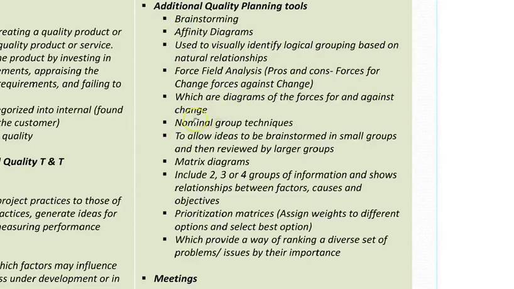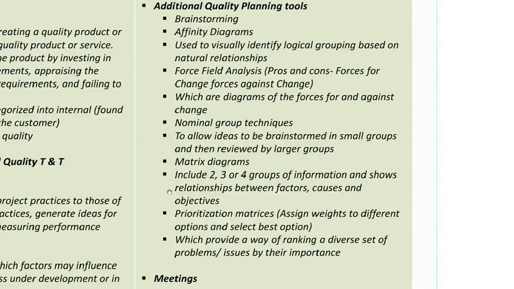Then we have nominal group technique, which allows ideas to be brainstormed in small groups and then reviewed by larger groups. We have the matrix diagram, which includes 2, 3, or 4 groups of information and shows relationship between factors, causes, and objectives.